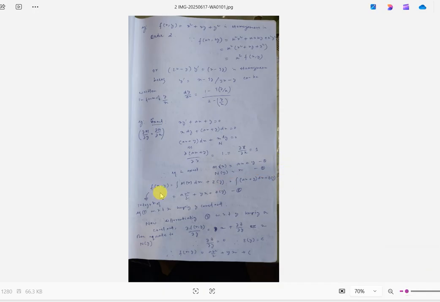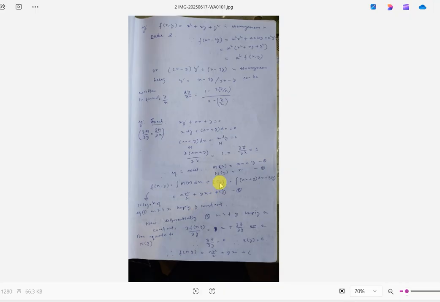Now the function can be written as the integration of M dx plus z of y. So we integrate equation 1, because we know M of x is equal to ax plus y, with respect to x, keeping y constant.